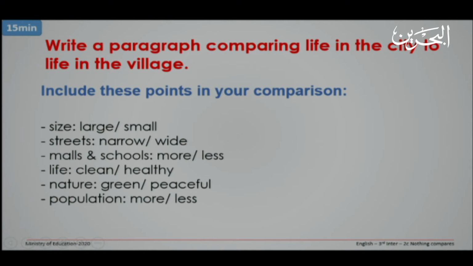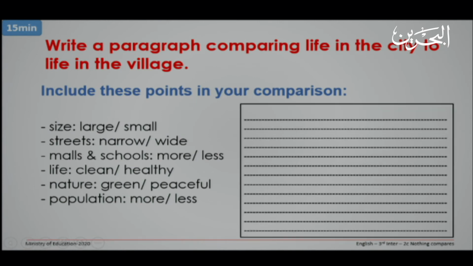Mention the malls and schools, which has more facilities and which has less. Talk about life itself there, which is cleaner and which is healthier. And mention the nature, which has green and peaceful nature. And talk about the population, which has more people and which has less people. You have 15 minutes to complete your writing task.